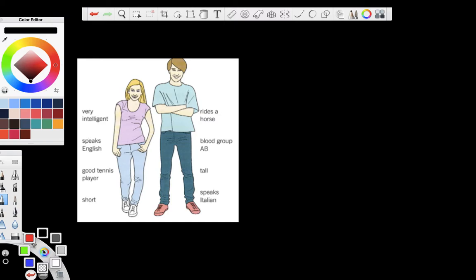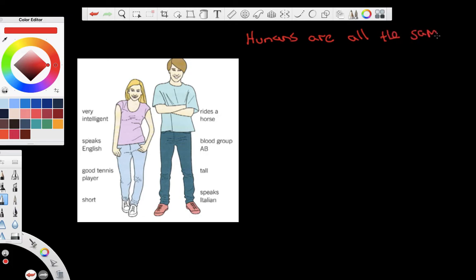So we can say that humans are all the same species, comma, but show variation. Full stop.